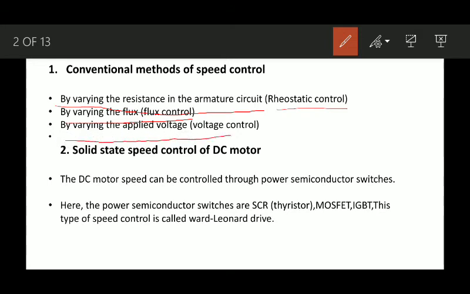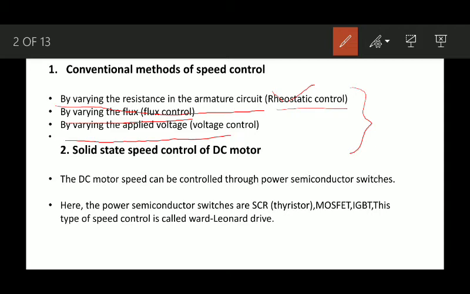So these are the conventional methods to control the speed of a DC motor, but these are not very economical. These are not very flexible, because varying a resistance is very robust, but it's a very rough and tough process. There's a problem of wear and tear, and a short circuit problem can also happen during this method.